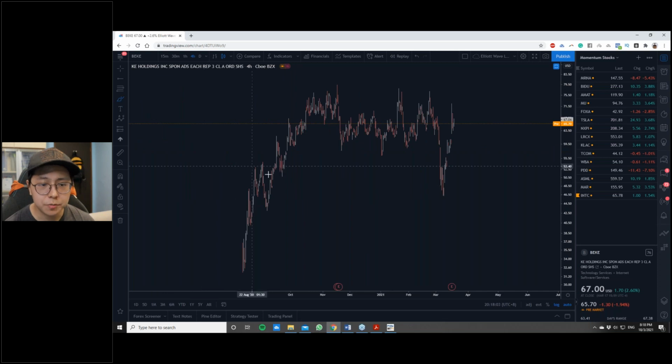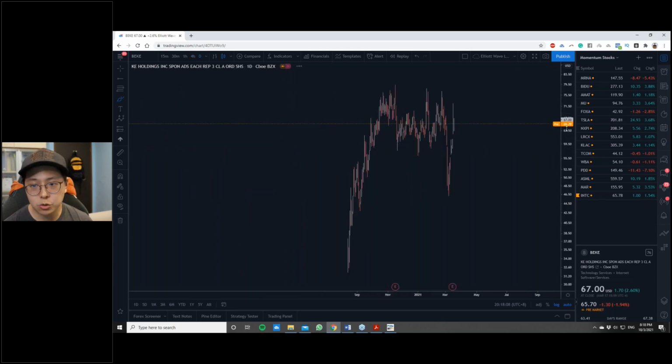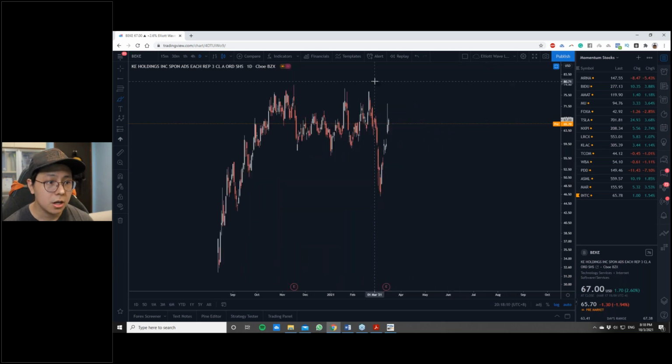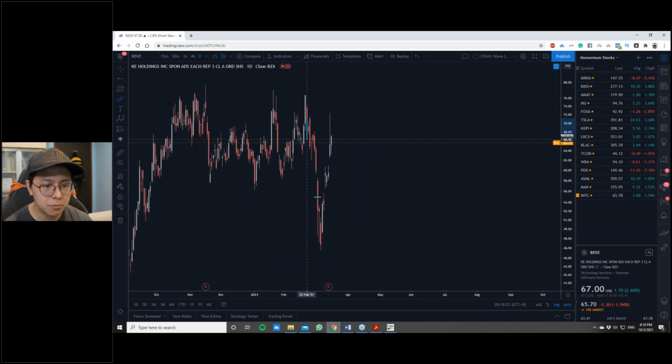Okay, good. So again, this is 4-hour time frame, right? Let's go to daily. Immediately you can see this company is listed recently, right? So you might not have a lot of data points to work with. But here you can see this is a V shape. Let me zoom in a little bit. The immediate move here is a V shape. So you know that you do not want to trade first.